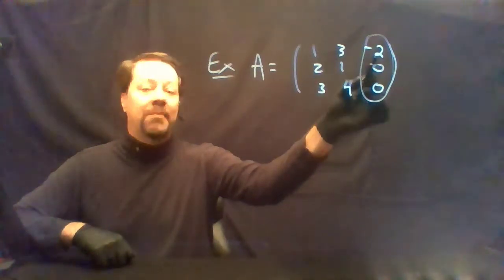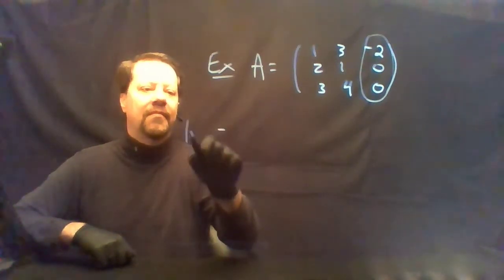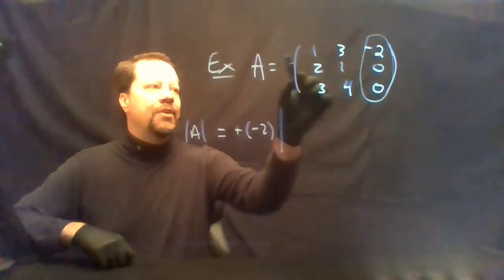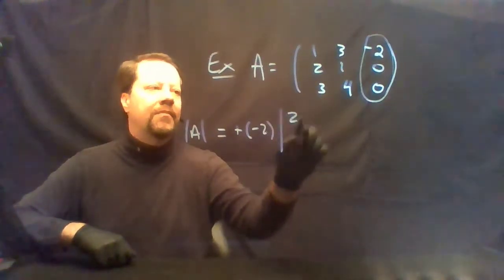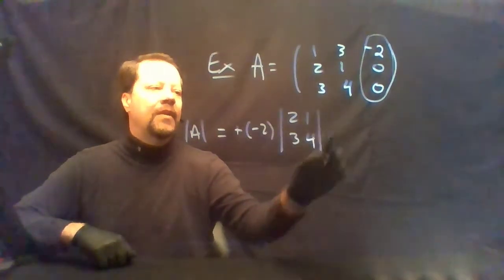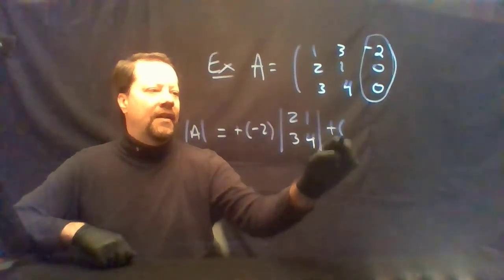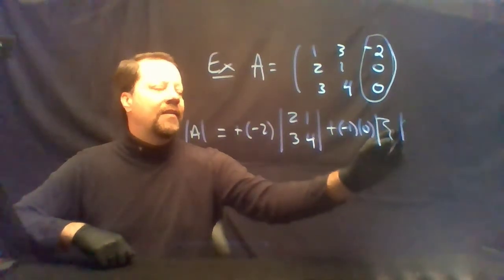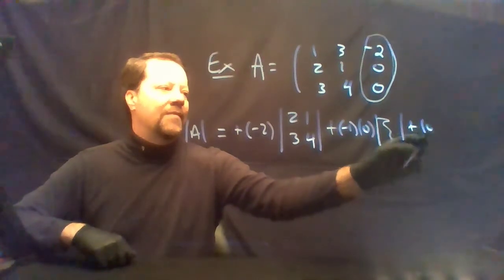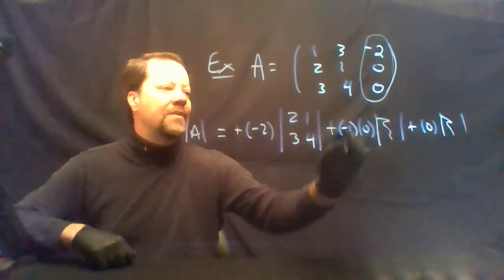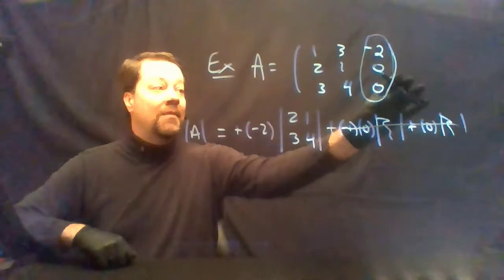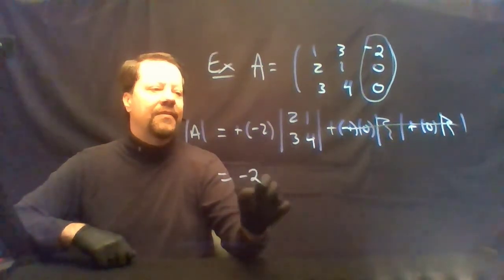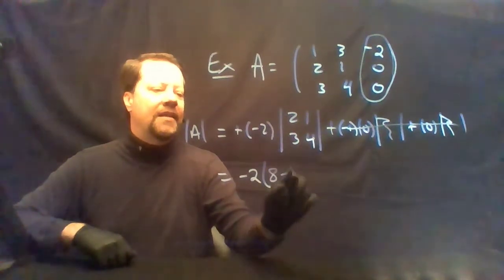You'll have plus, minus, plus, the negative 2 times what you get when you cross out its row and column. And then minus 0 times what you get, and then plus 0 times what you get crossing out rows and columns. These other two terms don't matter because these two entries were 0. So we have negative 2 times 8 minus 3.